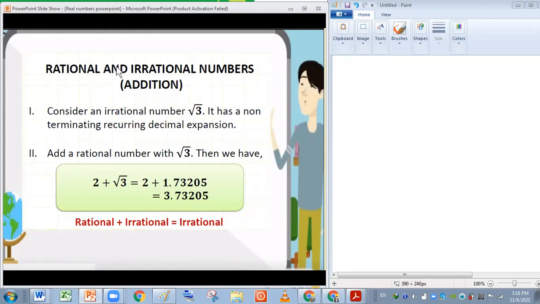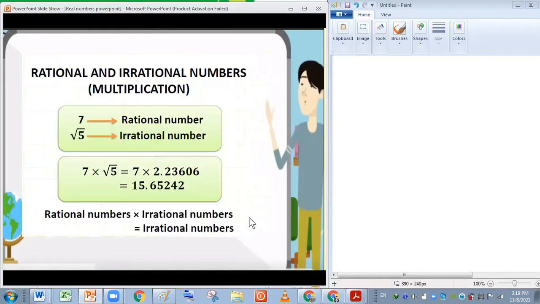So in rational and irrational numbers, a rational number is added to an irrational number. Let's say we have 2 plus the root of 3. It is equal to 3.73205 and so on. Thus, we can say that a rational plus an irrational number is irrational.